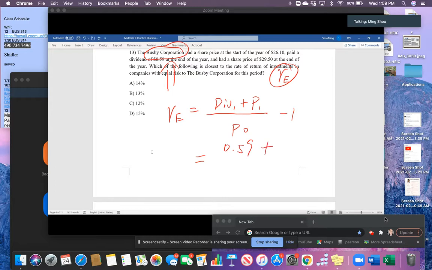And P1 would equal $29.5, and P0 would equal 26.1, and then minus 1. Simply calculate this one. The IE would equal 0.15287. Okay, so the correct answer should be D.